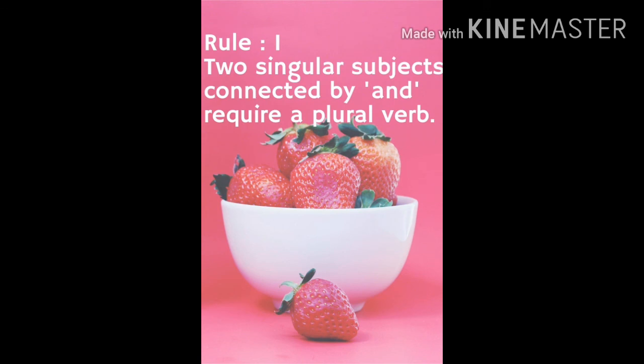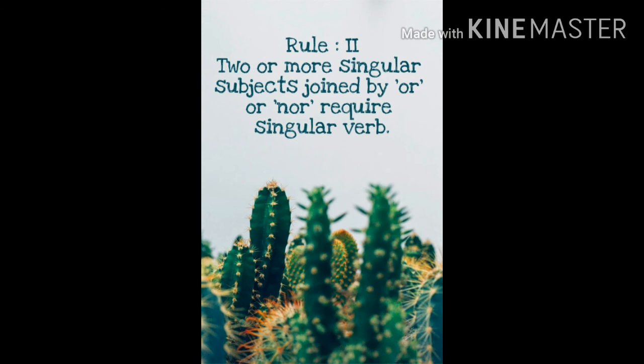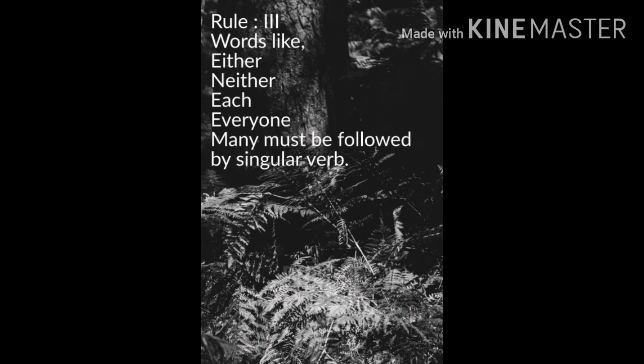Okay children, now let's recall the rules. Two singular subjects connected by and require a plural verb. Second rule, two or more singular subjects joined by or, nor require singular verb.